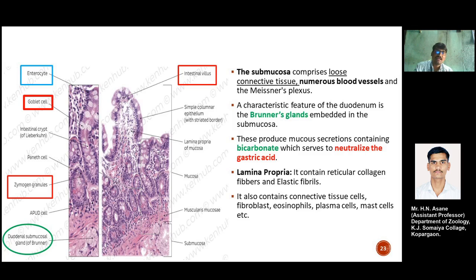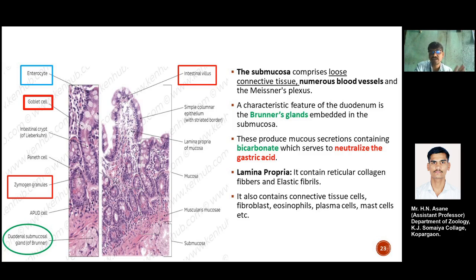Then a characteristic feature of the duodenum, as we have said, is that it presents the Brunner's glands. The Brunner's gland has more importance than the other cells in the duodenum, because this Brunner's gland is going to produce mucus secretions which contain bicarbonate. That means it has basic secretions, which serve to neutralize the gastric acids.